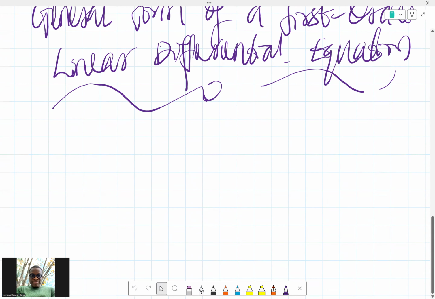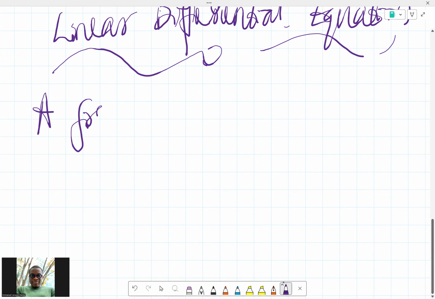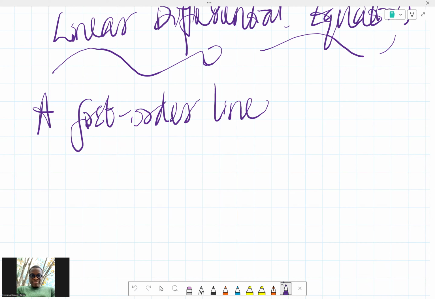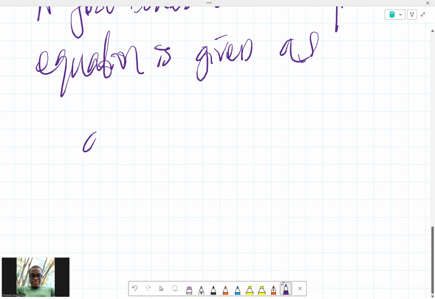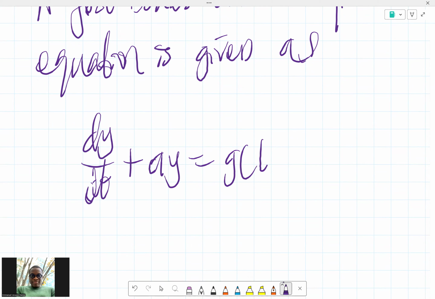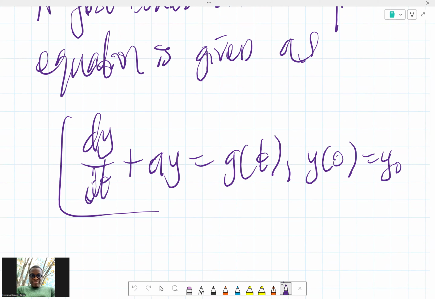A first order linear differential equation is given as dy dt plus ay equals g of t, with initial condition y of 0 equals y naught.